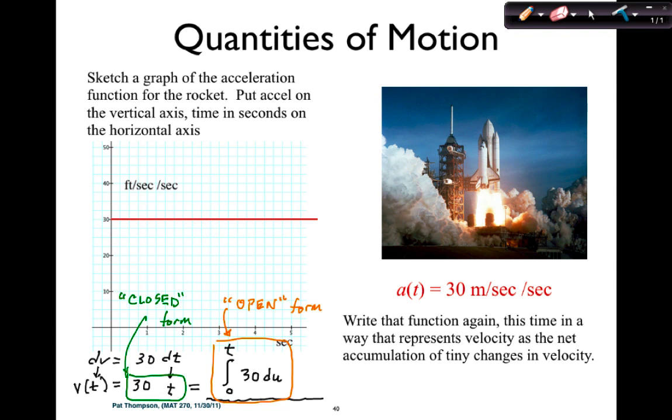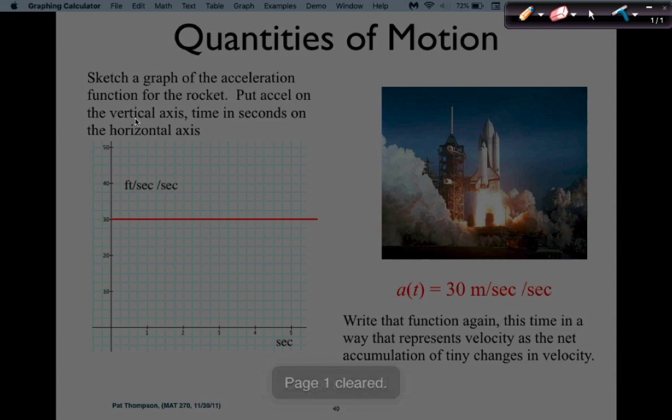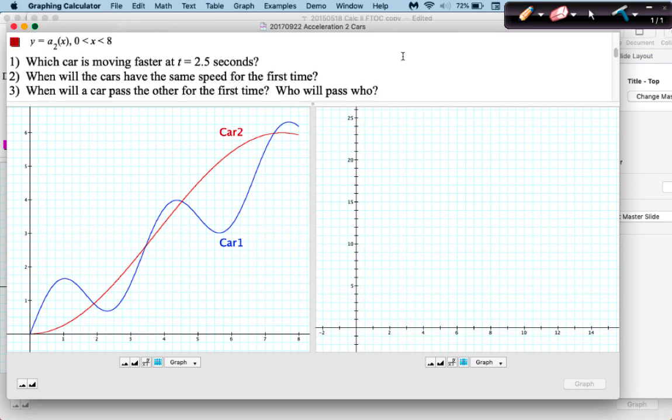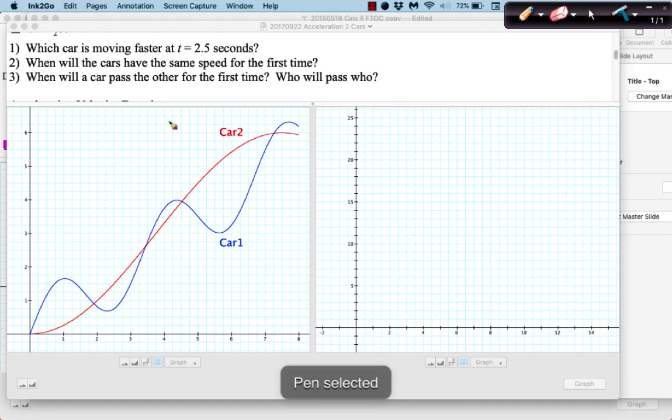All right, so let's look at an example with acceleration and speed. So I've got 2 cars here. I guess this is seconds. And this is feet per second per second.